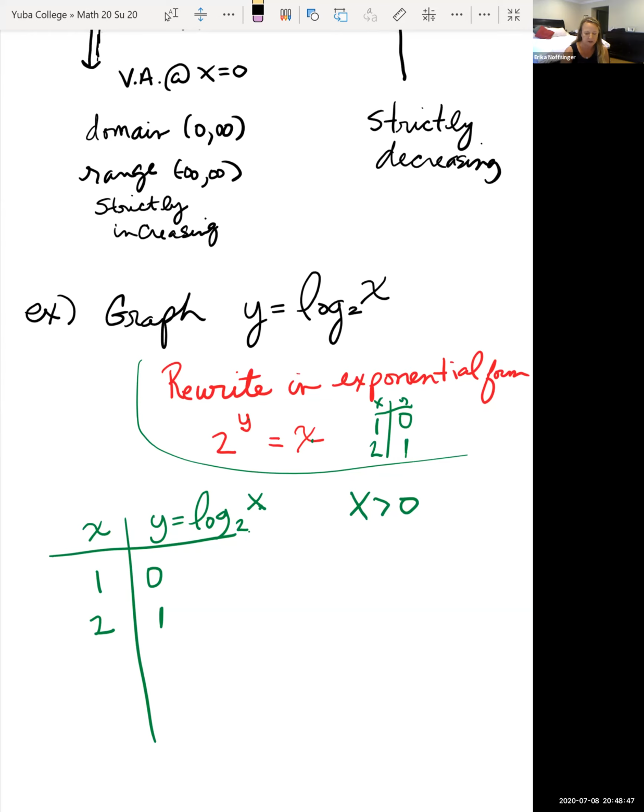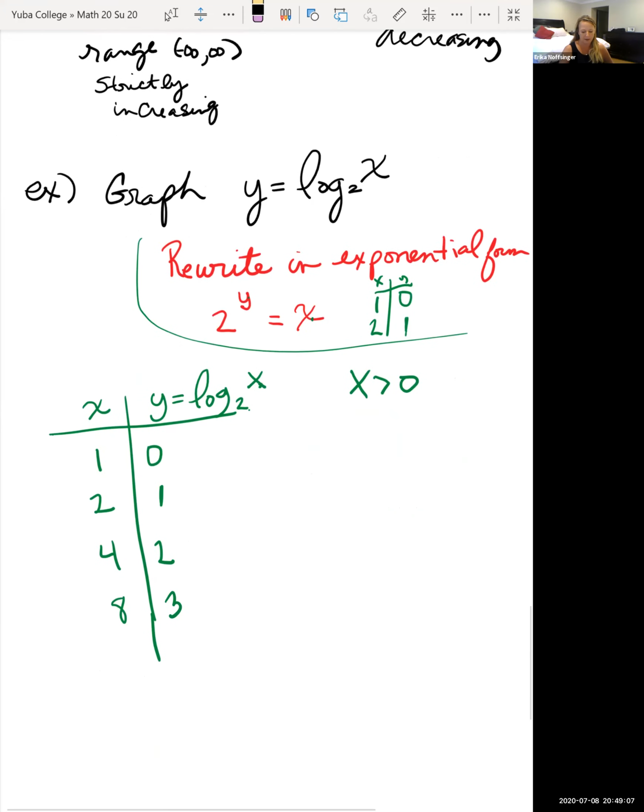My x value is 2. 4 is base 2, so 2 squared is 4, so my y value is 2. 8 is base 2, so that would be a 3. But let's also think about fractions. What exponent of 2 would bring that down to the denominator and make it 1/2? Which is -1. I just want to show you this one example so that we get that general shape that I had stated above.